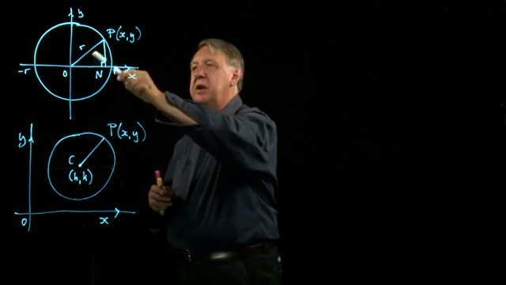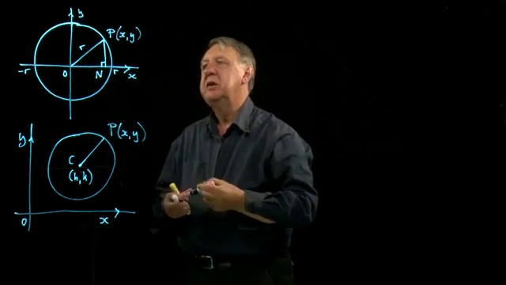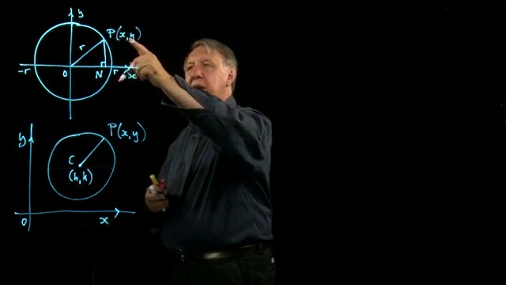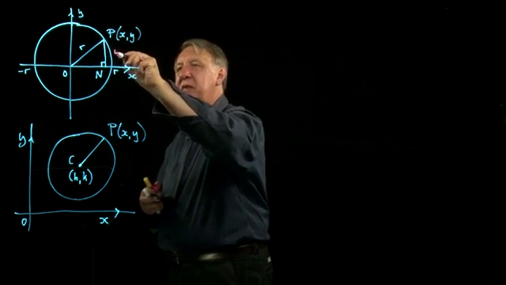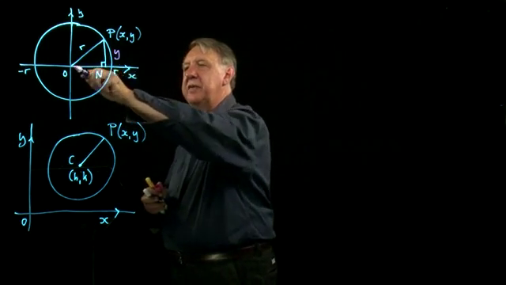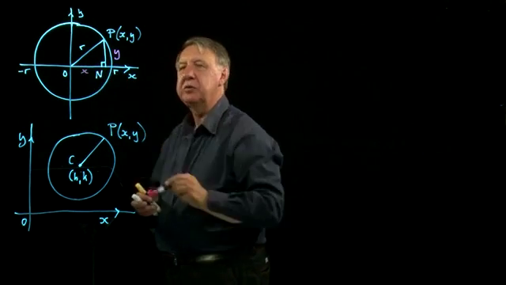Well, I have here a nice triangle, and certainly on that triangle, PN is the y coordinate of the point P, so PN is actually y, and ON is the x coordinate of P, so ON is equal to x.